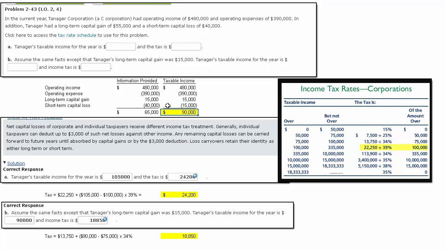Okay, and once we do that, we see taxable income would become $90,000, which is the correct answer, and the tax on the $90,000 would be $13,750.